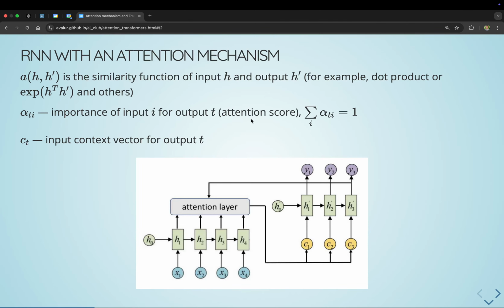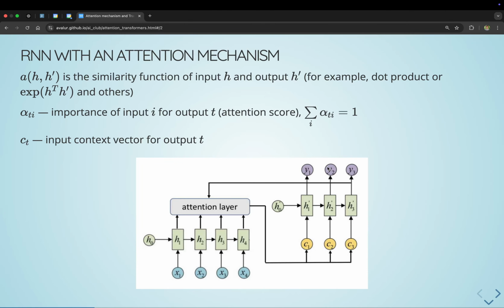So which vectors from the input, which hidden states, are important to predict the current output, y1, or y2, and you will change your attention scores as you move from one state to another in the decoder, and you will change the vectors c1, c2 from one step to another to better predict the output.